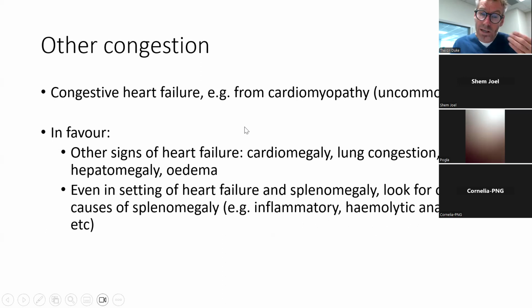So a big liver and a big spleen sometimes occurs in heart failure. I think it's quite rare, actually. And even though it can occur, if you've got heart failure and splenomegaly, then you should also look for other causes of splenomegaly, like an inflammatory cause or an infection or hemolytic anemia. It's more likely they've got some other cause of the splenomegaly than just the child's heart failure.